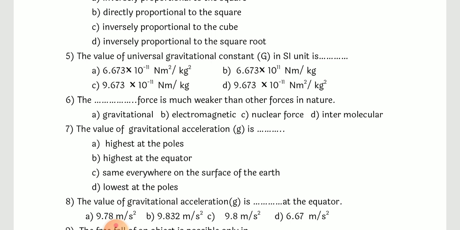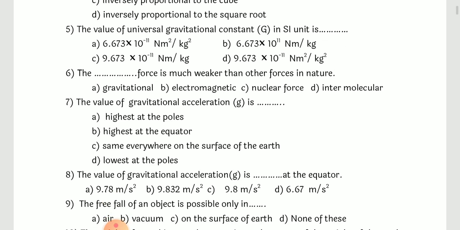So wherever the radius is smallest, that is the pole, because at the equator your earth is bulgy, so the equator is a little far away from the center. So that is option A, highest at the pole.